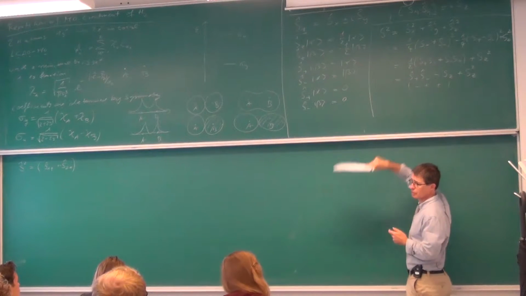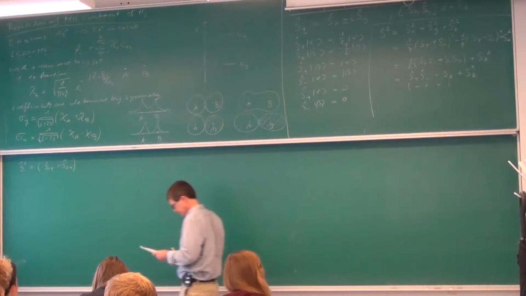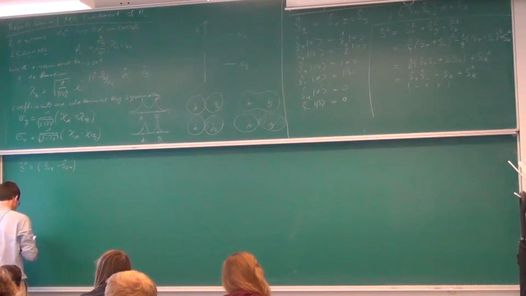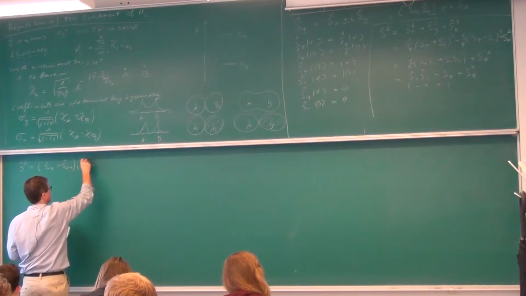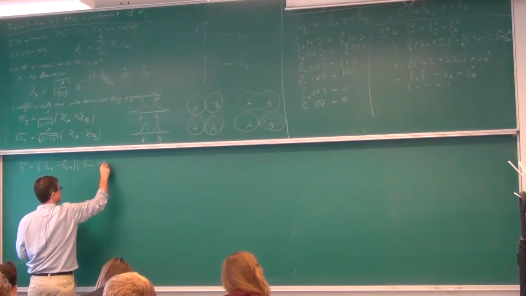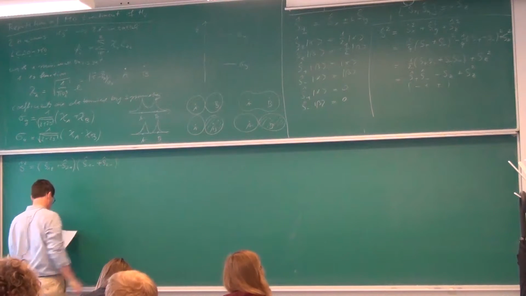That's the sum of the two plus operators for both electrons. And then you have times S electron 1 minus plus S electron 2 minus.